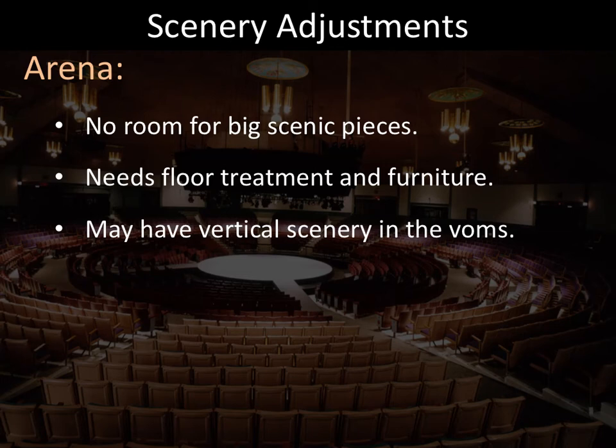Seriously, think about it. Even if you have a wall with a door, you're going to have a problem in an arena stage. So the scenery in an arena tends to focus on the floor and the furniture because that's the only thing that will still allow all of the audience members to be able to participate in the experience.